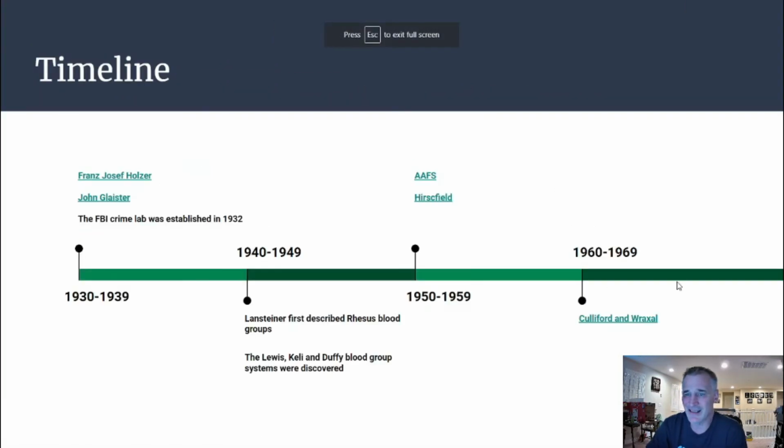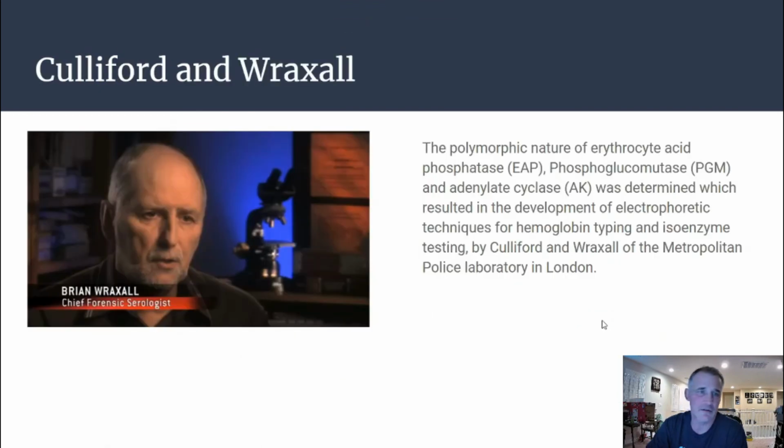1960s, 1969, Culliford and Wraxall. These gentlemen came up with the polymorphic nature of erythrocyte acid phosphatase, or EAP, as well as the phosphoglucomutase, or PGM, and the adenylate, sorry, I always say that one wrong, kinase, or AK, which resulted in development of electrophoretic techniques.